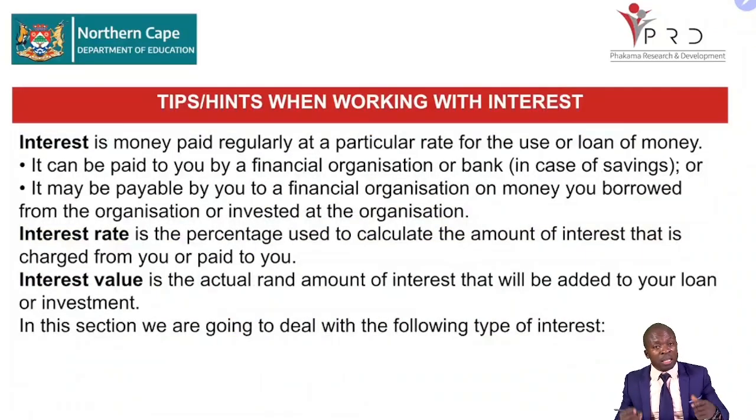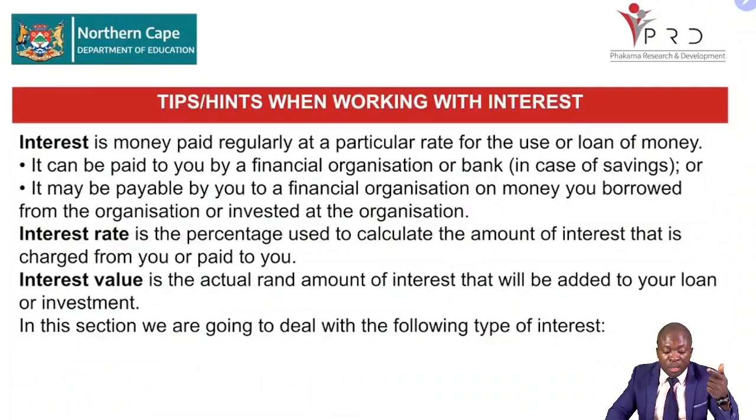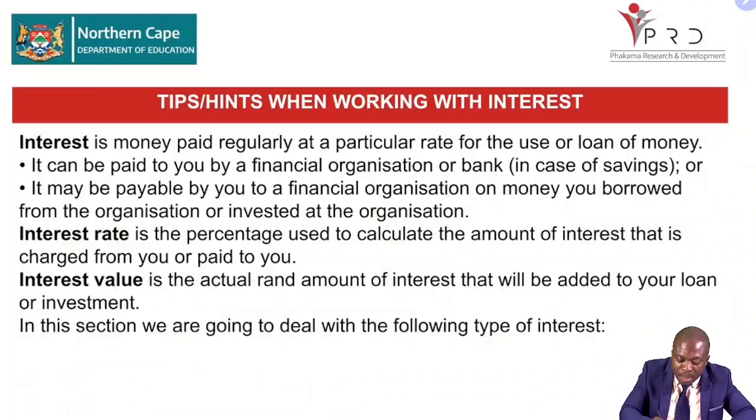So now, when you want to work with interest, what are some of the key things? What are some of the tips that you need? You have to know what is interest. So I've just written something here that interest is the money paid regularly at a particular rate for the use or loan of money. Or even if you don't want to write it this way, you can say interest is the extra money.